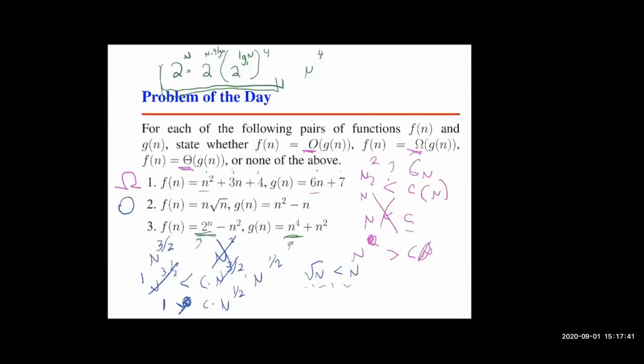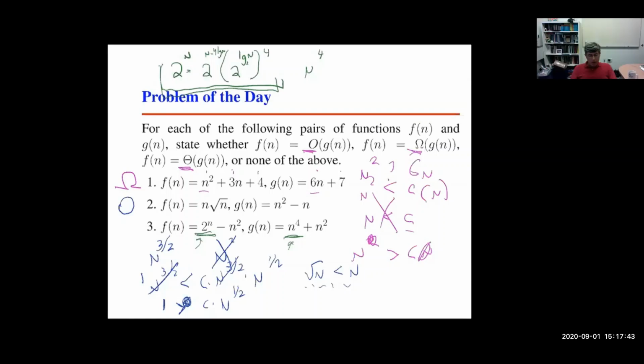If you think about it, if I want to have a bunch of terms multiplied to 2 to the n, 2 to the n is 2 times 2 times 2 dot dot dot to the n, right? Now 2 to the log n is log n 2's. 2 to the log n times 2 to the log n is going to be 2 times log n 2's.